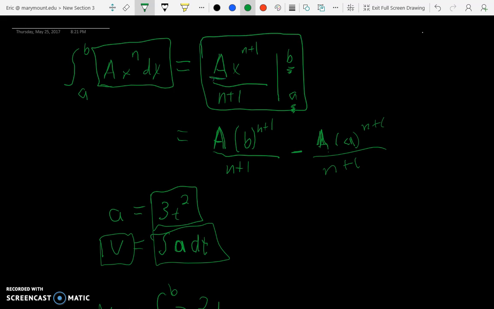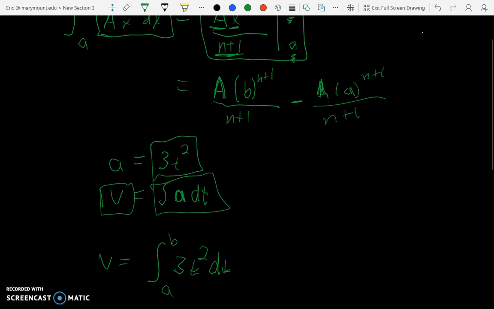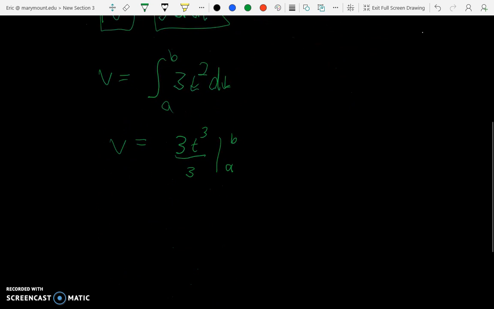So my number stays, my variable comes along, my exponent gets raised to the n plus 1th power, and then I divide by n plus 1.